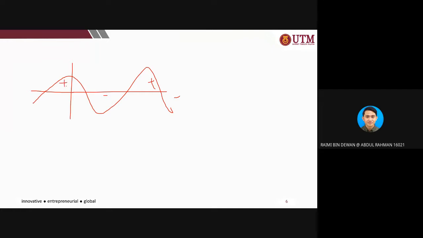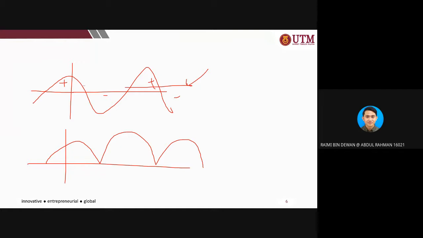If we didn't square it and we want to calculate the energy, it will cancel out, because one is positive and one is negative. But if you take the square, it will be like this: all of them positive, so there will be no cancelling out. This one cancels out because one is positive, one is negative, so in the end the energy is 0, something like that. Do you guys understand why we square it?